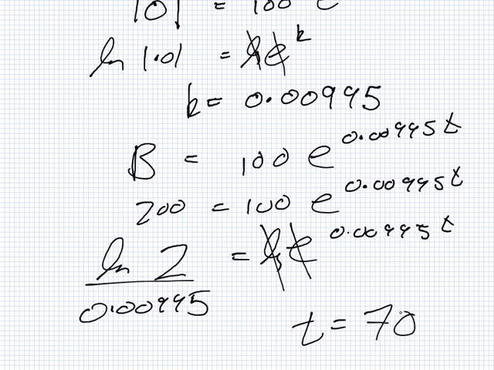Yeah. I used the 1% of my... You put in k as 0.01. I don't know if it's a bit of a coincidence that it worked, because it is close to 0.00995, but not close enough for me.